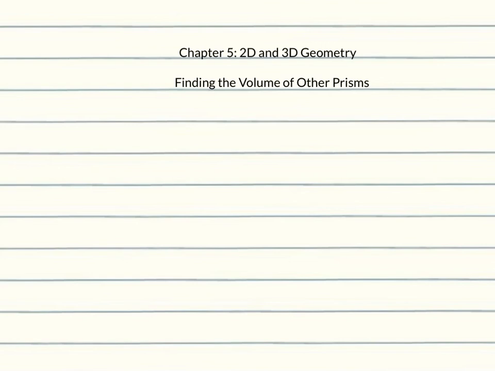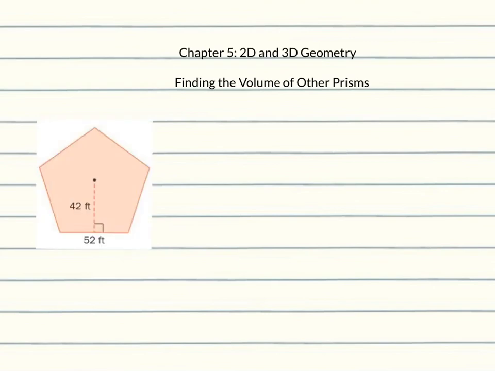Before discussing how to find their volume, let's find the area of a pentagon, for example. You already discussed with your teachers how to find the area of any polygon, whether it's a pentagon, hexagon, octagon. Let's recall the rule.